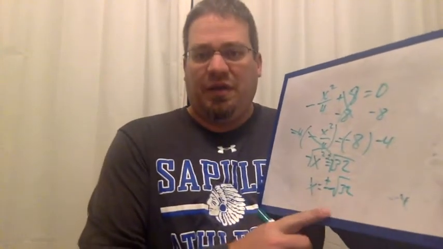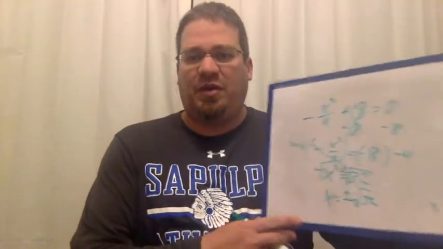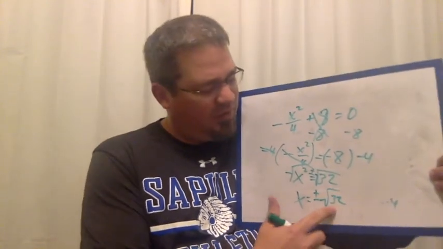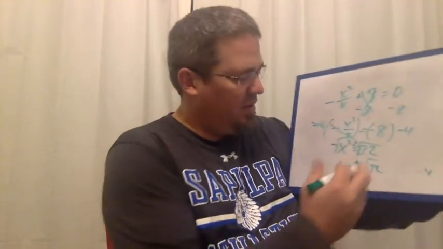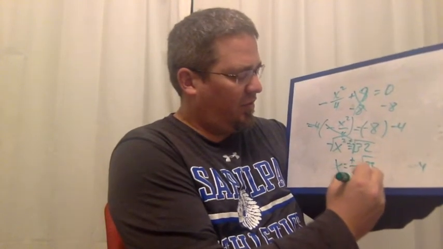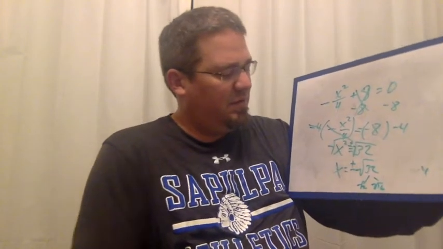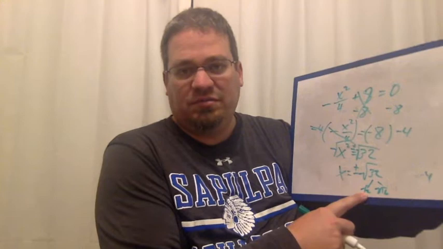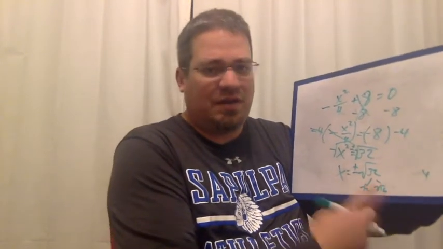Now, this I can simplify. Sometimes I don't know for sure, but it's a fairly big number. And actually, I immediately see, oh, well, that's 16 times 2. So how do I simplify it? Well, the square root of 32 is the square root of 2 times the square root of 16. The square root of 2 is just the square root of 2. I can't simplify that. But the square root of 16 is 4.